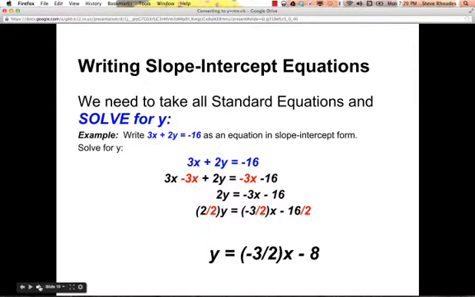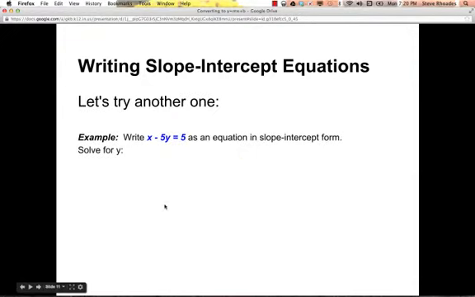Let's do another example. Write x minus 5y equals 5 as an equation in slope-intercept form. Once again, we want to solve for y. So we'll start by subtracting x from both sides of the equation. When we're done with that, we're left with negative 5y equals negative x plus 5.